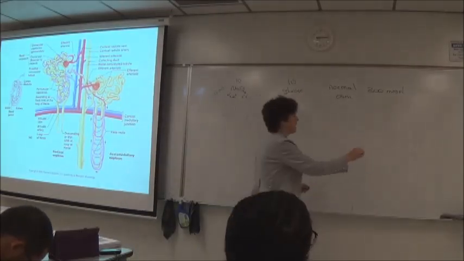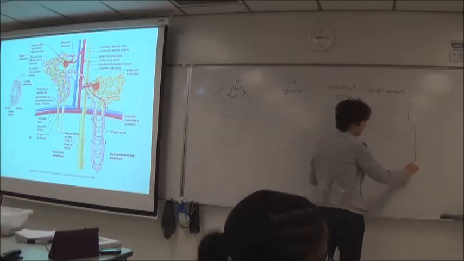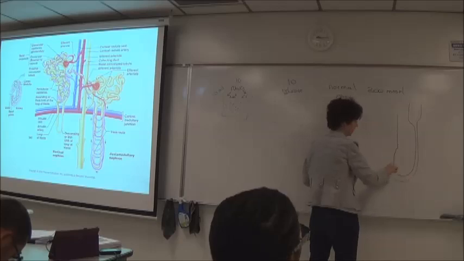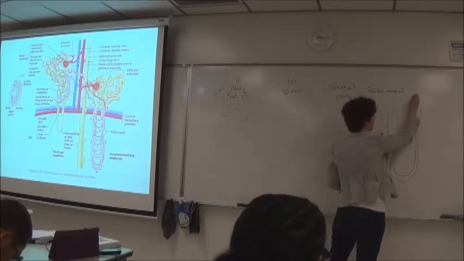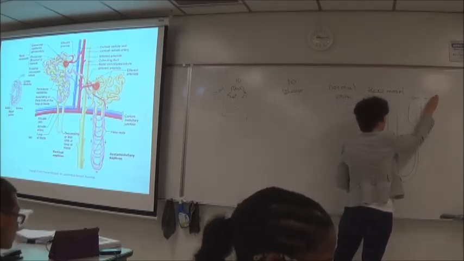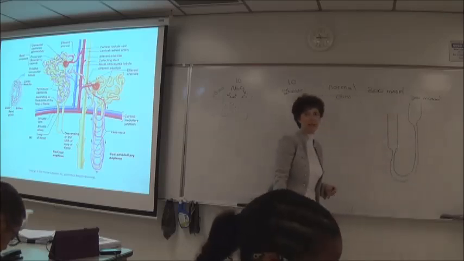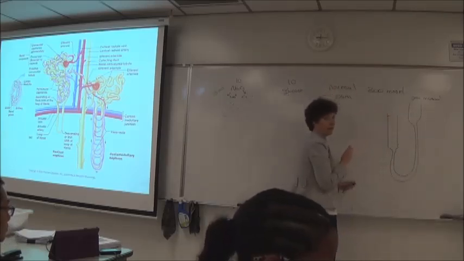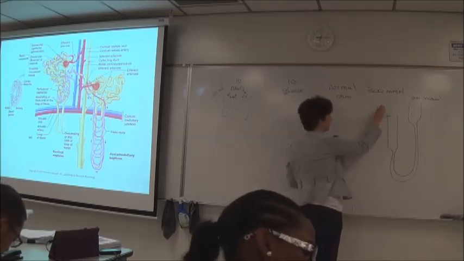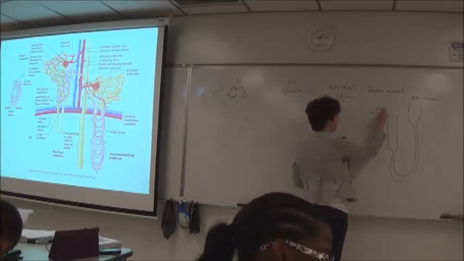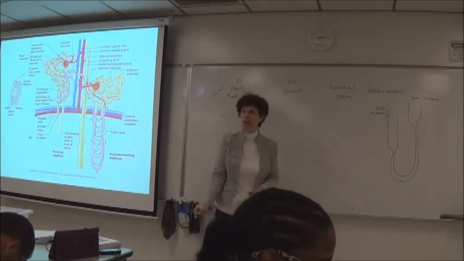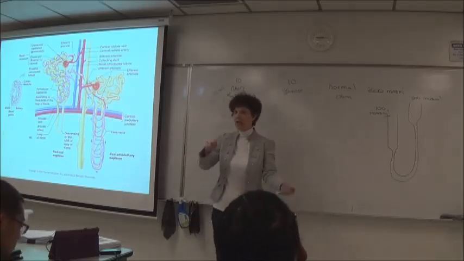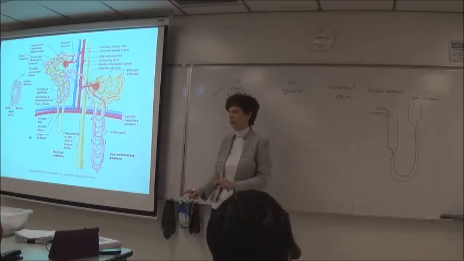So when we start our descending limb, we have 300 milliosmoles. By the time we leave the nephron loop, we have 100. So we obviously have not concentrated the filtrate. That is not the role of the nephron loop.